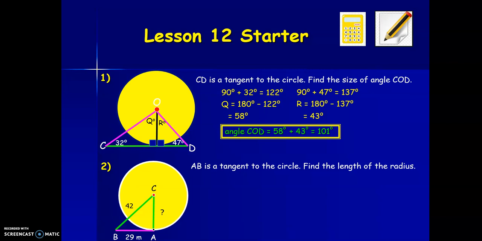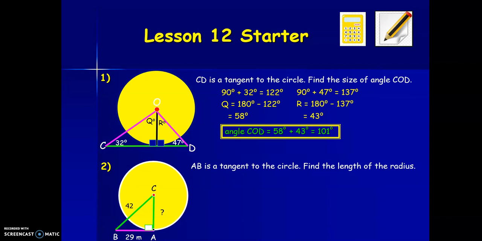If we look at example 2, again we're told AB is a tangent to the circle, so straight away we can fill in the right angle at vertex A. Now we have a right-angled triangle where we know two sides and we're being asked to find the length of the radius, which is AC.